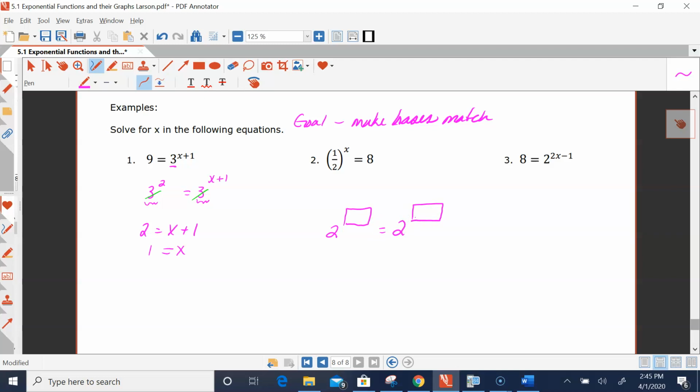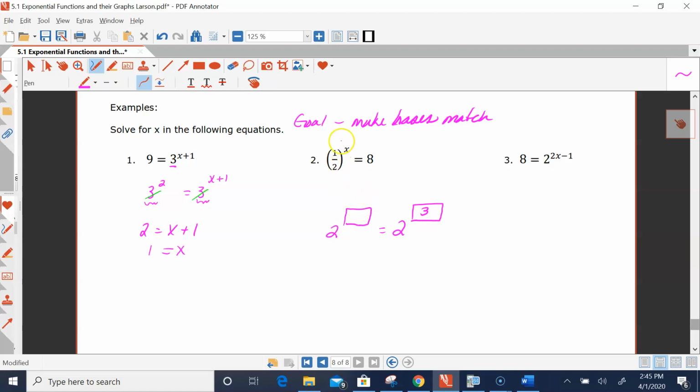Now you may ask yourself, why did she choose base 2? Well, I'm noticing a 2 in here, and I realize I can write 8 as 2 to a power. I know 8 is 2 to the third power, so that one's not so bad. How can I rewrite 1/2 to the x power as 2 to a power?